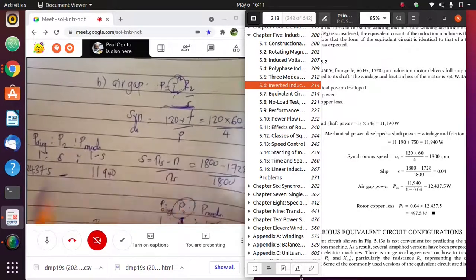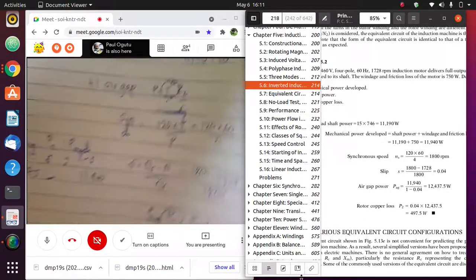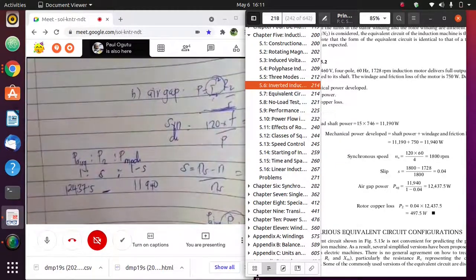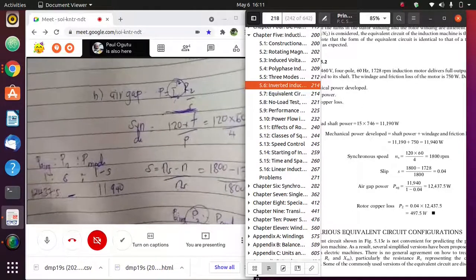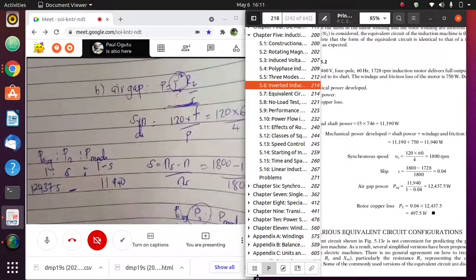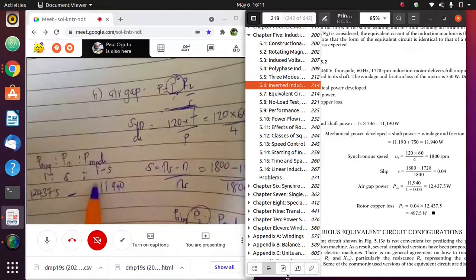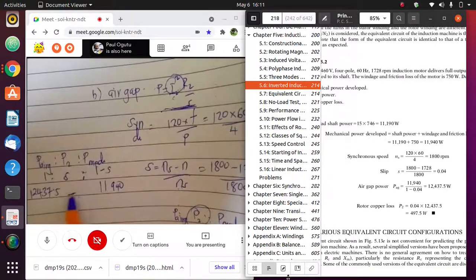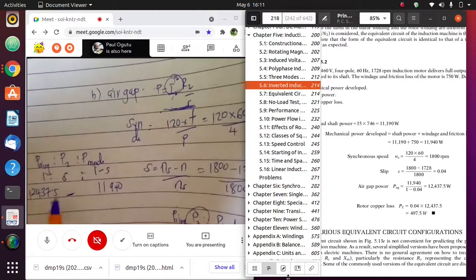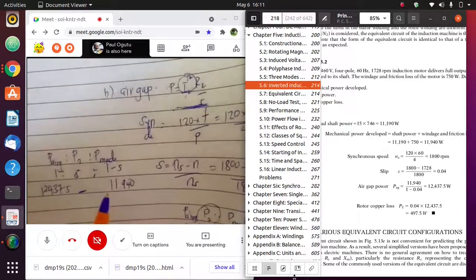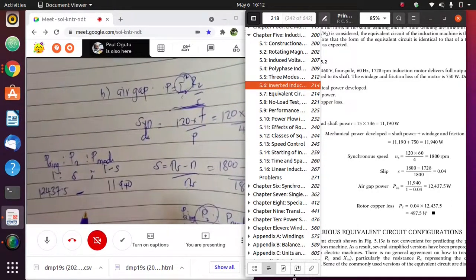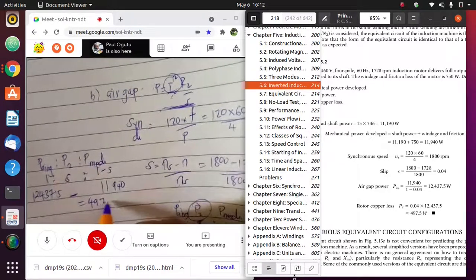So what will be the rotor copper loss? How much will it be? You can either use this mechanical power to get the rotor copper losses, or you can use this air gap power to get the rotor copper losses. It will give you the same answer. You get that the answer is 497.5 watts.